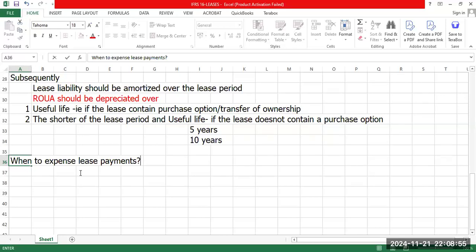Remember, these payments are the same as minimum lease payments. Okay.